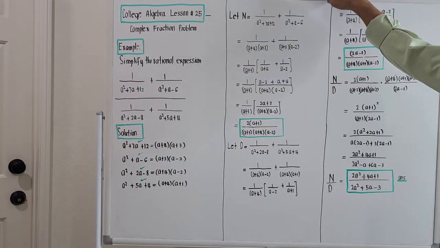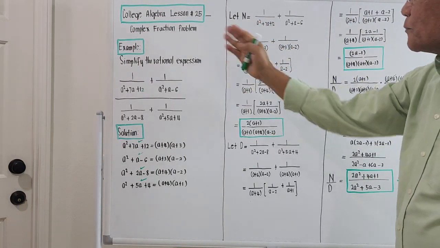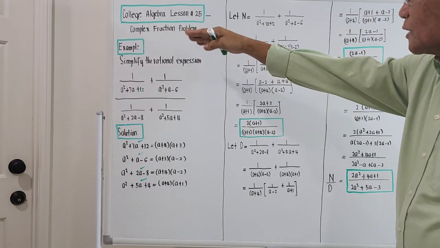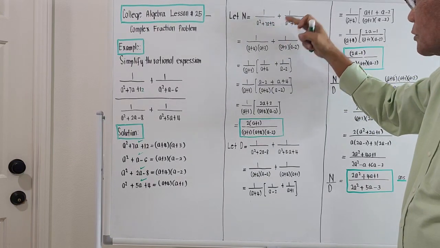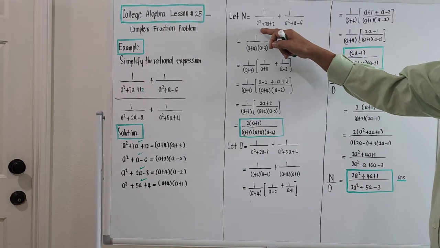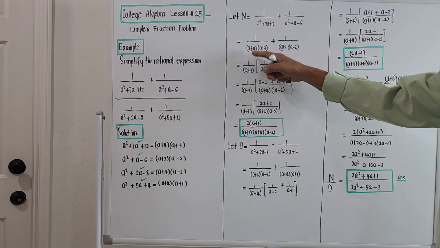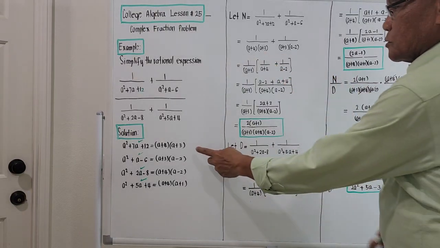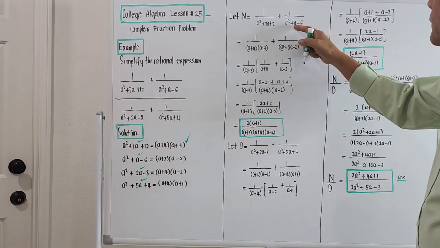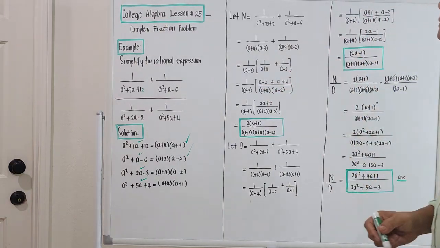So after the factorization of the given quadratic expressions in the denominators, I will let capital N be equal to the numerator, the top portion, that is 1 over a squared plus 7a plus 12, plus 1 over a squared plus a minus 6. We already have the factored form, so I will rewrite it: 1 over the quantity a plus 4 times the quantity a plus 3, plus 1 over the product of a plus 3 times the quantity a minus 2.